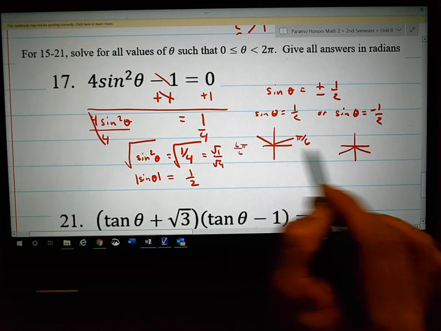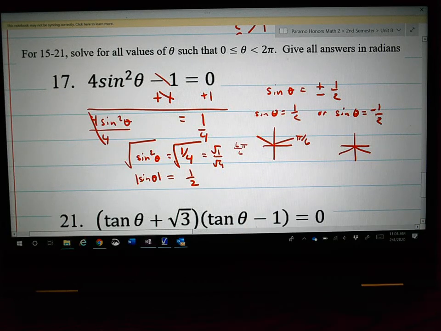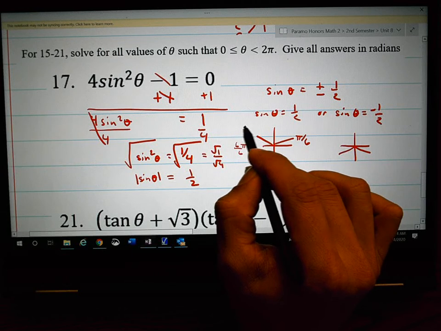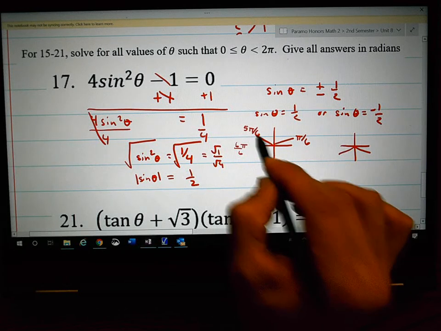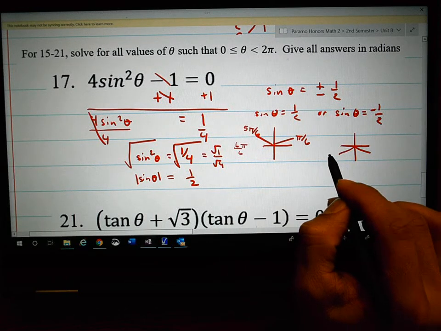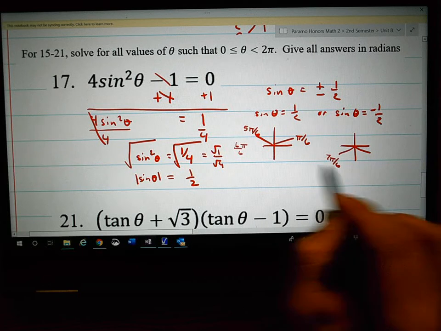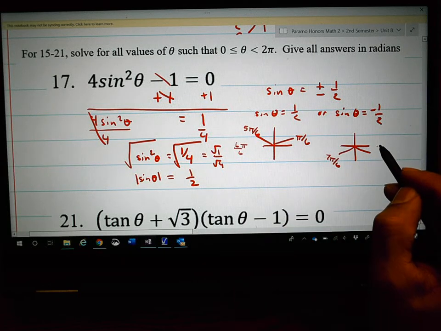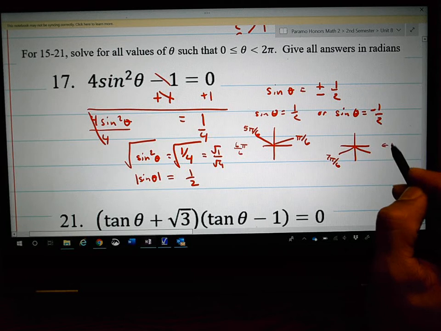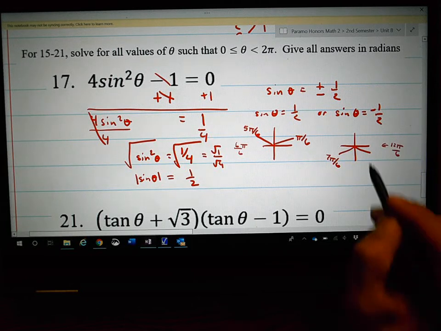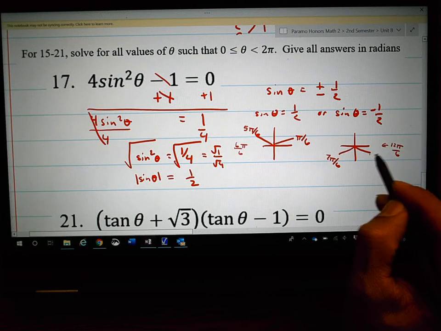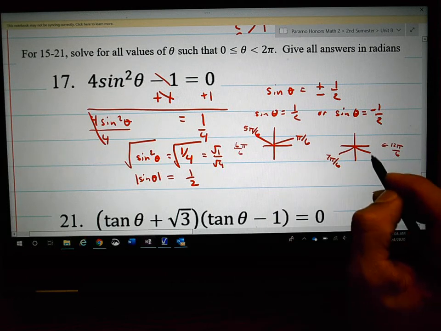And then in your head, you do the math, and this one is 5 pi over 6, and this one is, look how fast that is. And this, if this is 12 pi over 6, because that's 2 pi, then that's short by pi over 6. This is 11 pi over 6.